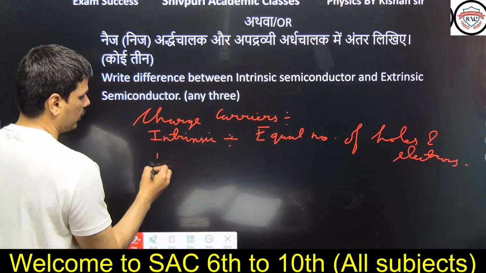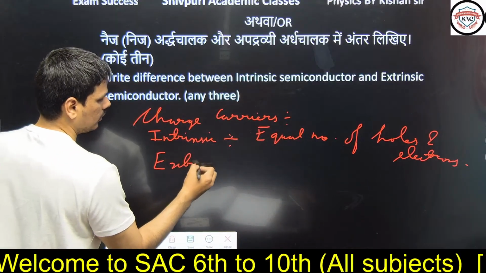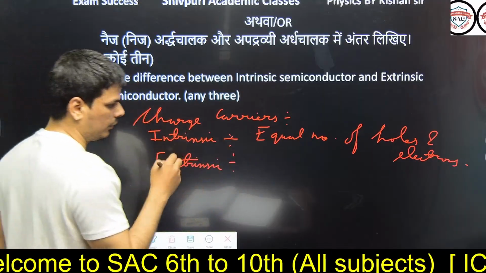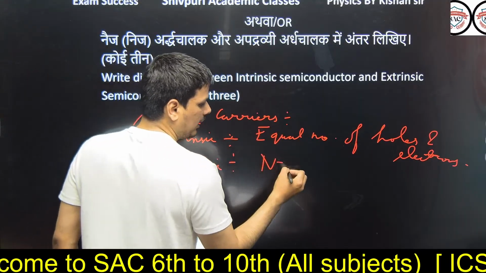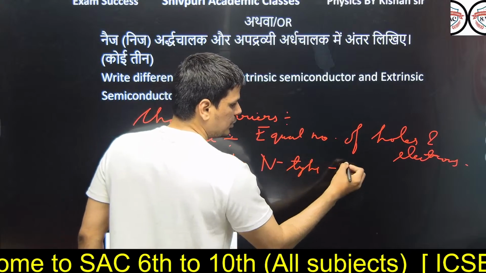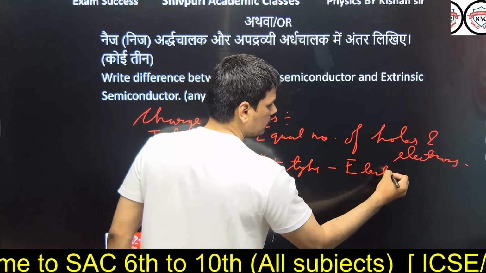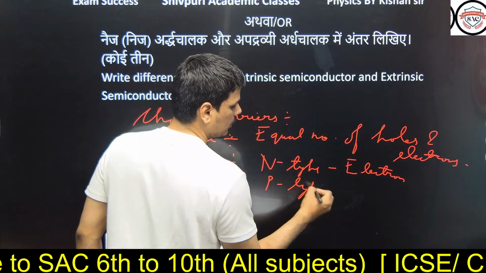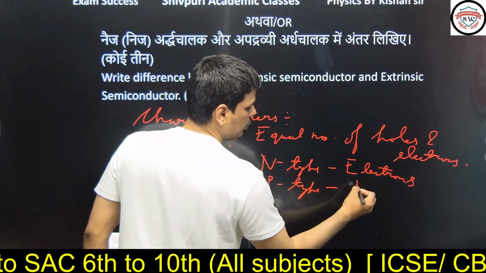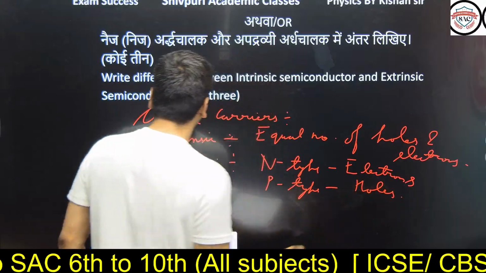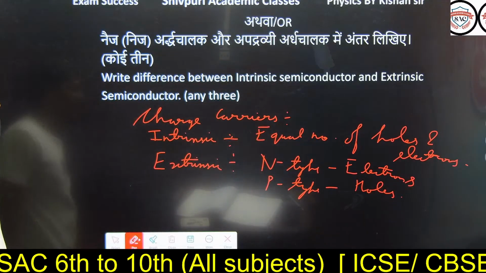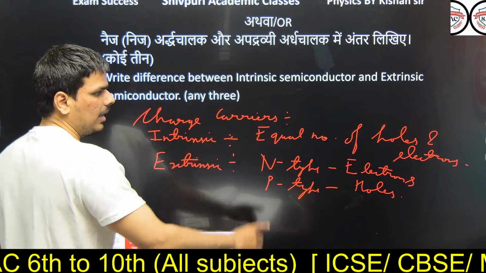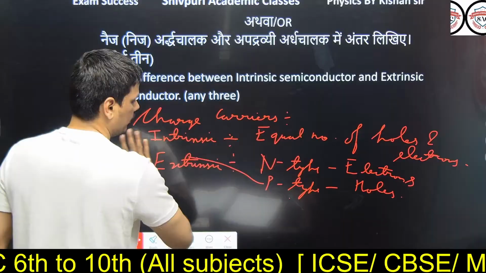For extrinsic, there are two types: in n-type, the majority carriers are electrons, and for p-type, the majority carriers are holes. So for charge carriers, intrinsic has an equal number of holes and electrons, and extrinsic has electrons in n-type and holes in p-type.